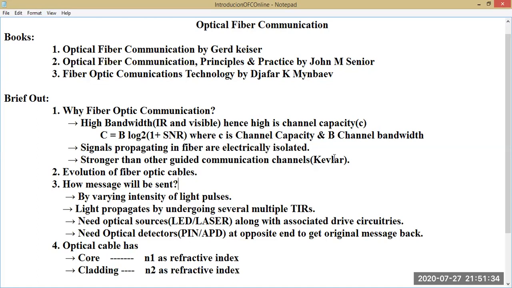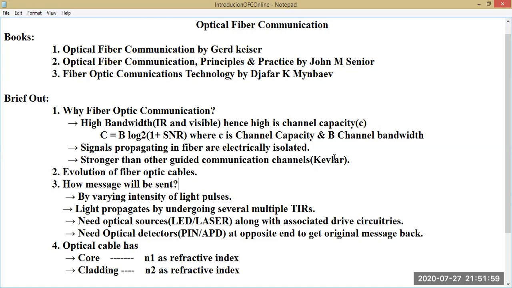What figure did I say? I said 10 decibels per kilometer. That is the attenuation that these optical fiber cables provided then. Because of this higher attenuation, optical fiber cables were not used, but were kept aside.